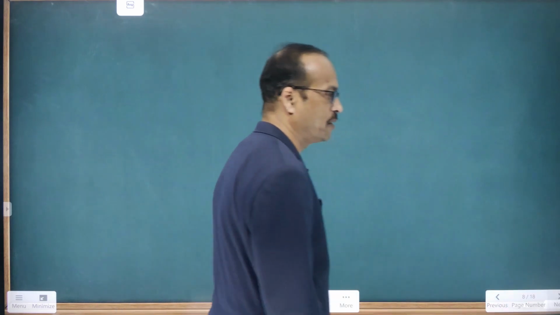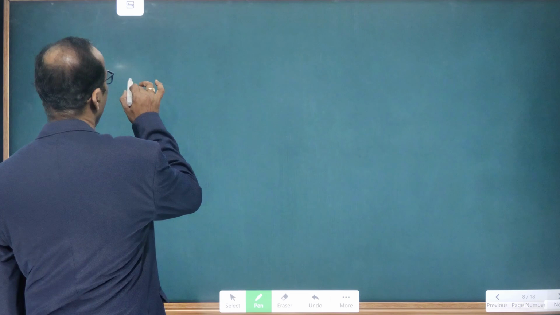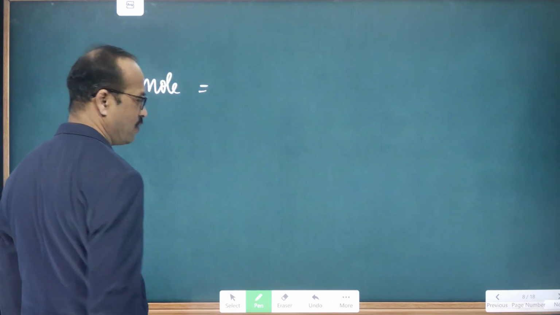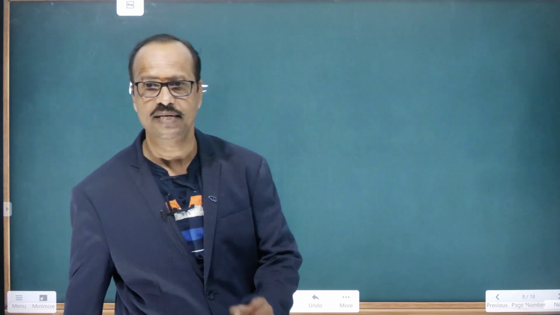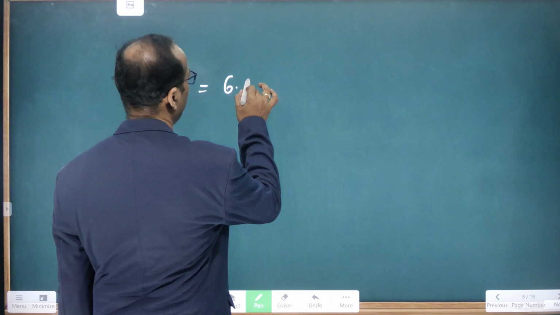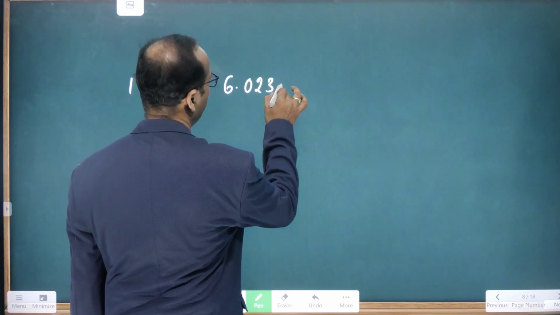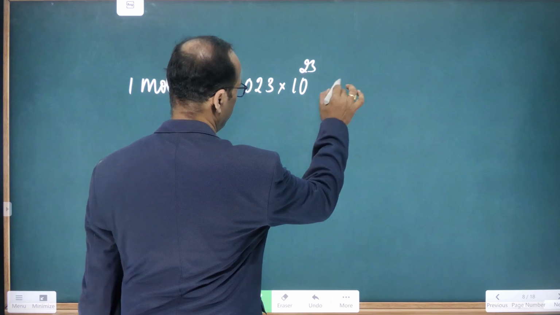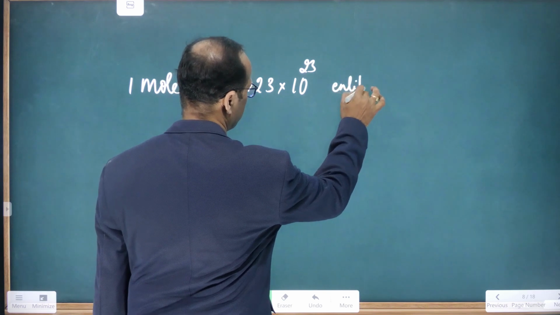The most important point is that 1 mole of any substance consists of 6.023 into 10 to the power of 23 entities. I am writing just entities.